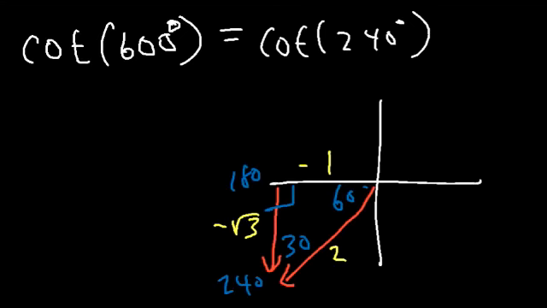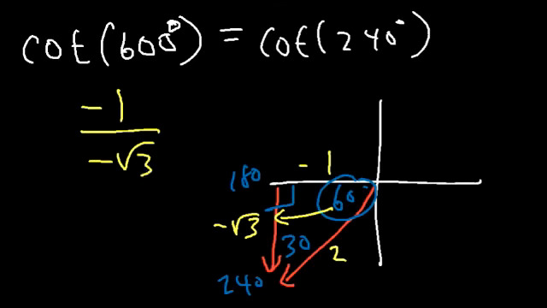So if tangent is opposite over adjacent, and cotangent is a reciprocal of tangent, then cotangent must be adjacent over opposite. So looking at the 60, adjacent to the 60 is negative 1, and opposite to the 60 is negative root 3. So cotan of 240, which is the same as cotan 600, it's 1 over root 3. And if we rationalize it, it's going to be root 3 over 3.